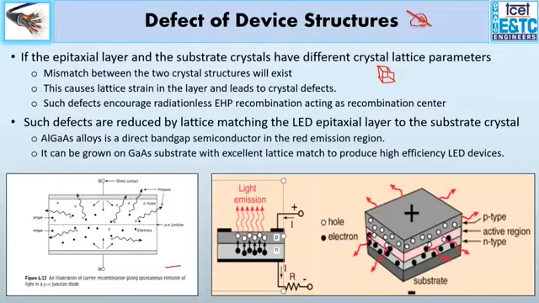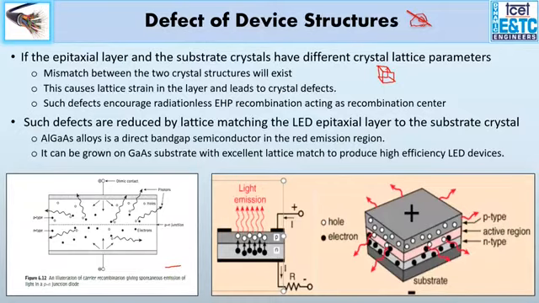But if there is a mismatch, the other layer has to stretch, or this layer has to stretch, when they are combining, so that will create stress and strain and lead to crystal defects, which will become absorption points for your carriers, and that will reduce the efficiency of the device.